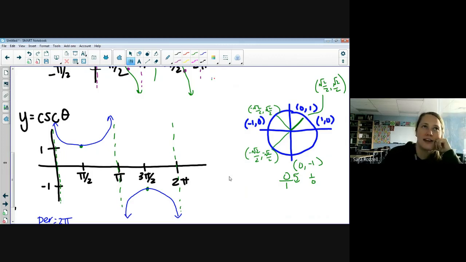And this is why I think this graph is so cool, because cosecant is sine flipped over, right? I'm going to draw the sine graph on this just so you can see and see why it's so neat. So sine starts at 0, ends at 0. This is what sine looks like. Y'all agree in here?